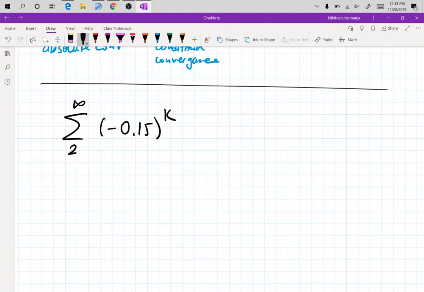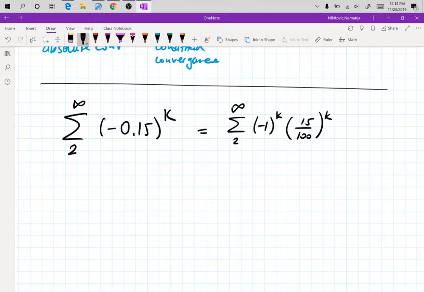Let's see. First thing that I see here is the possibility to split this with a -1. So I'm going to start by saying that this is -1 to the k times 15 over 100 to the k, because 0.15, right?